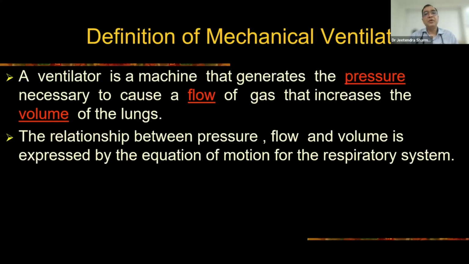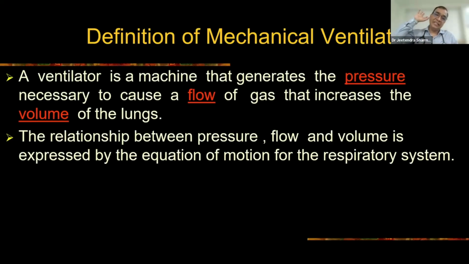Now the question comes, how can you define a mechanical ventilator? There are three keywords which I highlighted here to make a meaningful definition. A mechanical ventilator is a machine that generates the pressure necessary to cause a flow of gases that increases the volume of the lung.